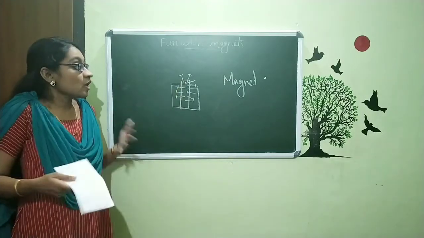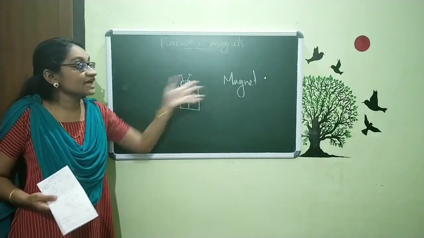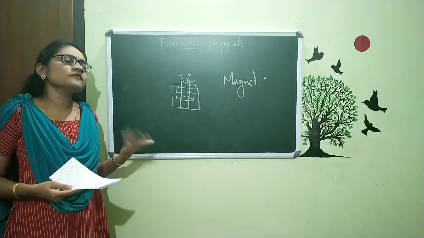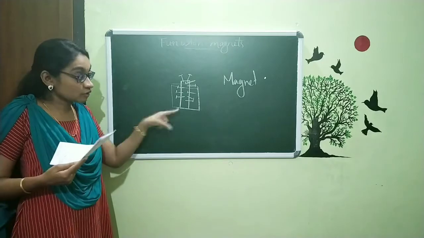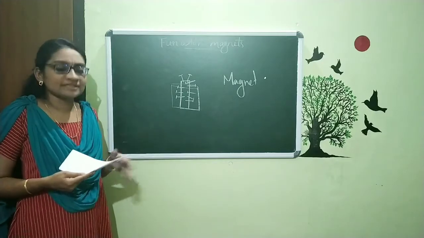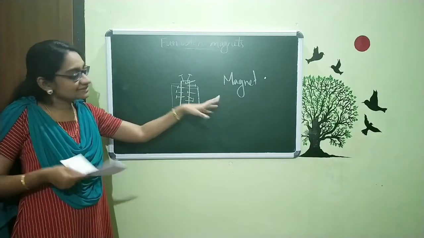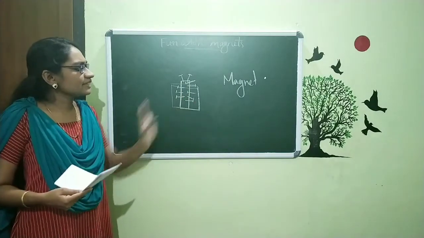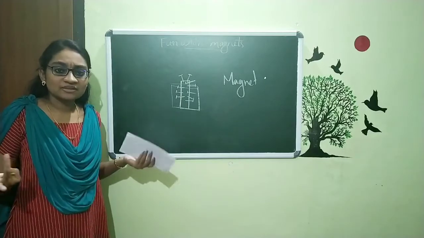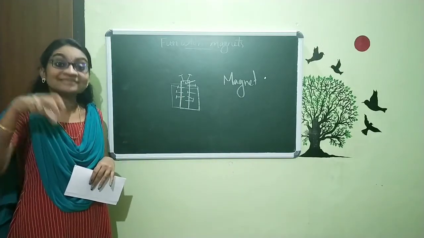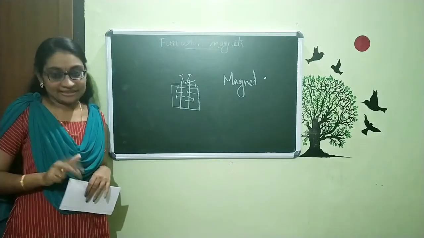I am not saying that all metals will be attracted to a magnet, but some metals are attracted, not only iron. We can discuss that. Generally, simply we can say a magnet is something that attracts iron. That's mentioned in your textbook. Within your 6th standard level, you can say it like that.